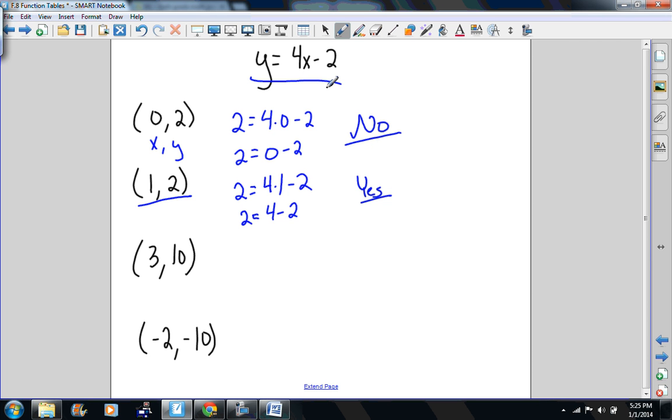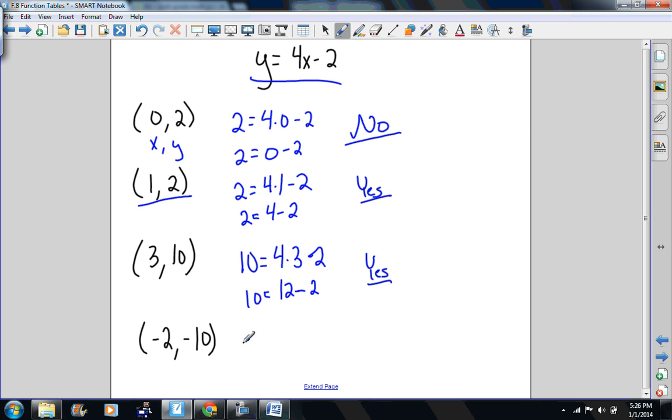Okay? I want you to try the bottom two on your own and see what you get. So for this one, I would get 10 equals 4 times 3 minus 2. So 10 equals 12 minus 2. And that is a true statement, so that ordered pair is on the line.